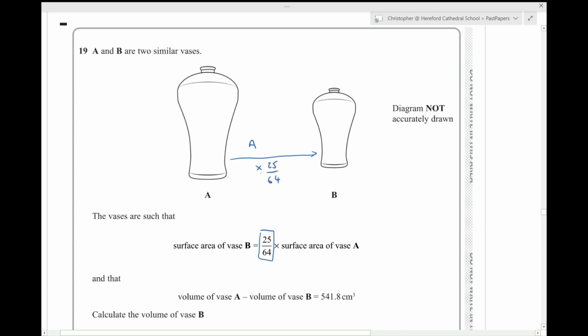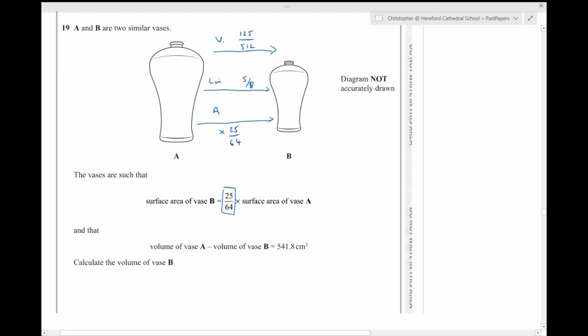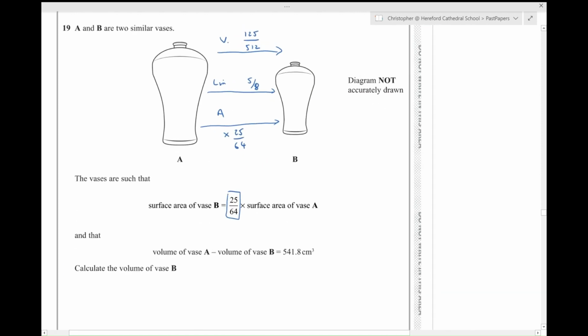That would mean that the linear scale factor is the square root of that, 5 over 8, which would mean that the volume scale factor was 5 over 8 cubed, which is 125 over 512.